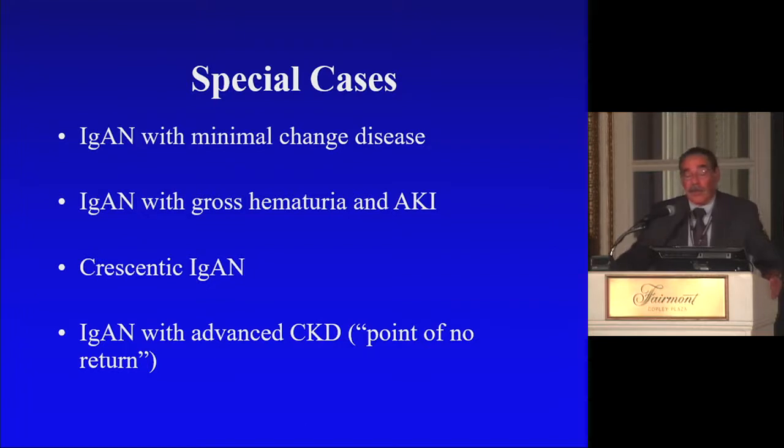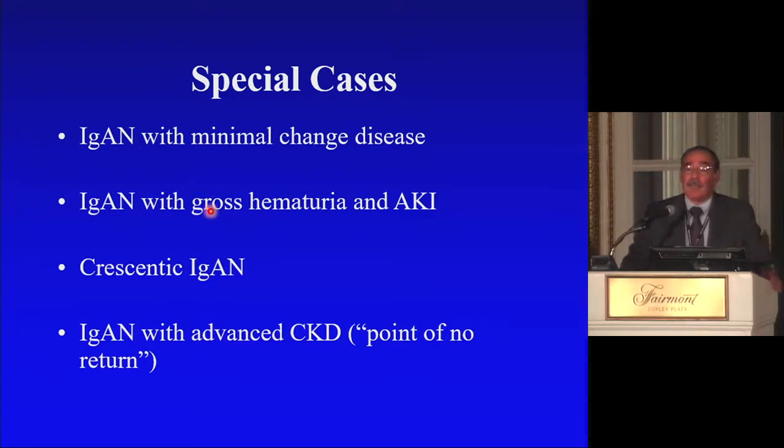Now, there are a few special cases I want to mention before I go on to the newer studies. One, if you have IgA deposits in somebody who looks just like minimal change, they have very heavy proteinuria, complete foot process effacement, treat the patient as if they had minimal change. They will respond the same way.